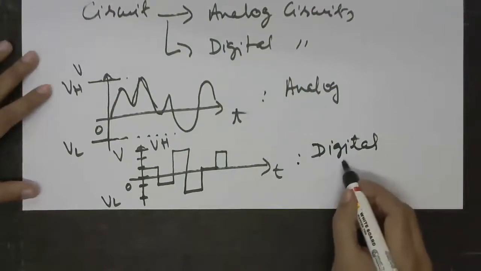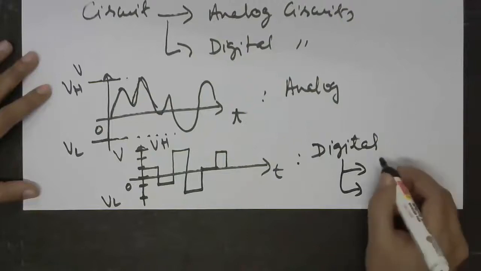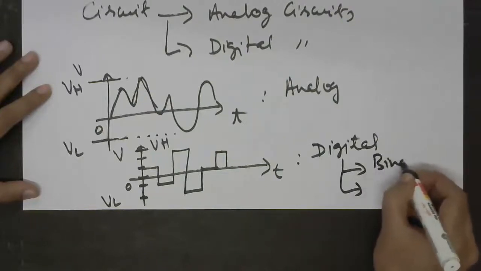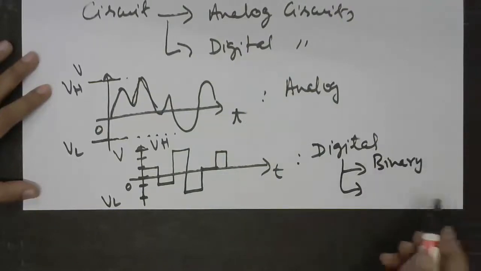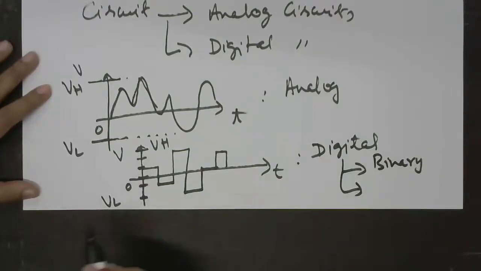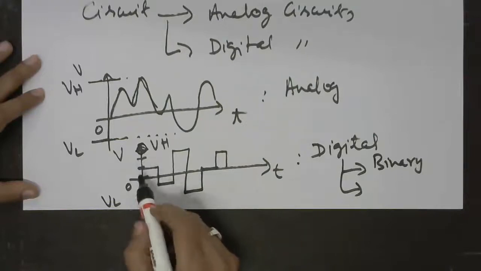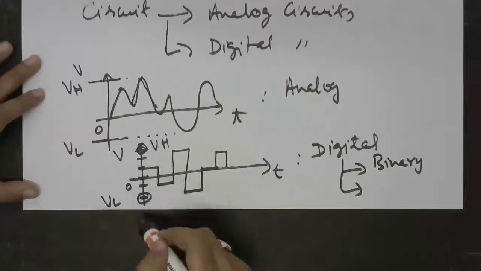Even this digital now gets divided into two major categories. One is binary. That means the signal will have only two values, for example, this lower value or this higher value, and it will never assume any value in between these two extreme values.